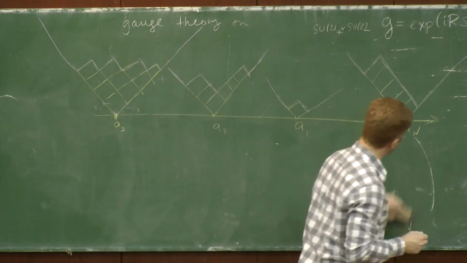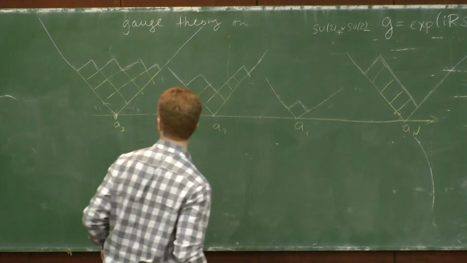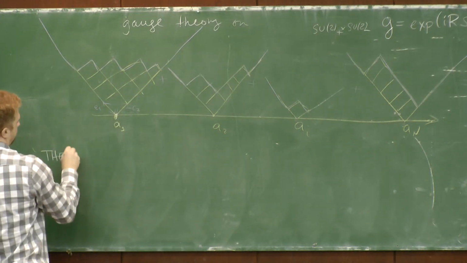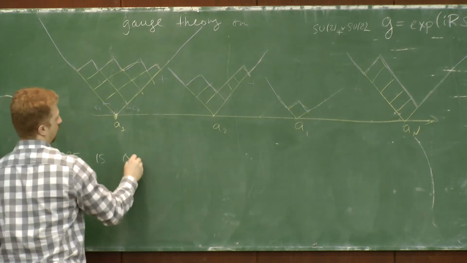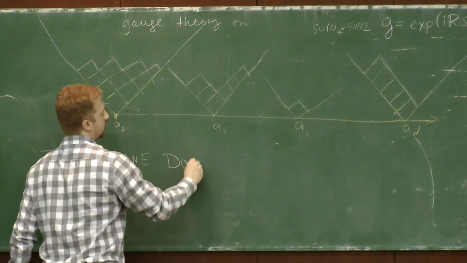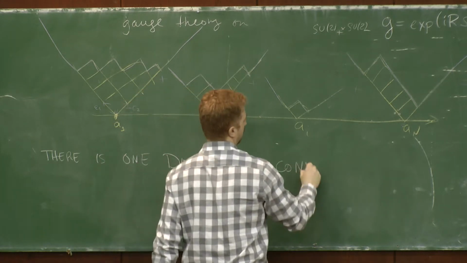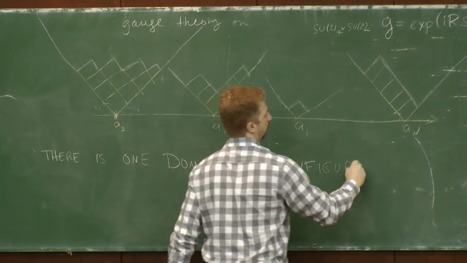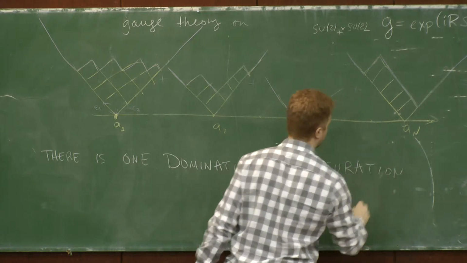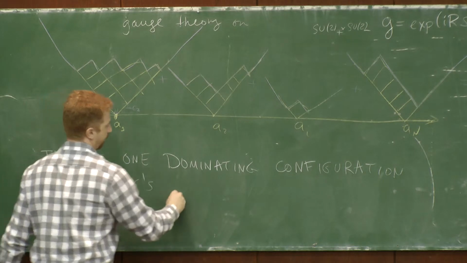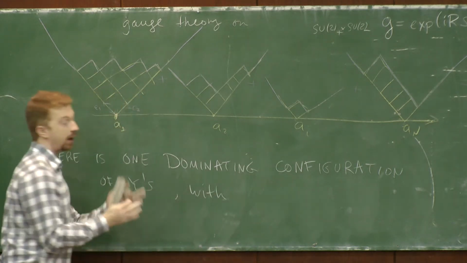when epsilon goes to 0, while the a's are kept fixed, there is one dominating configuration of Young diagrams with a very large size.